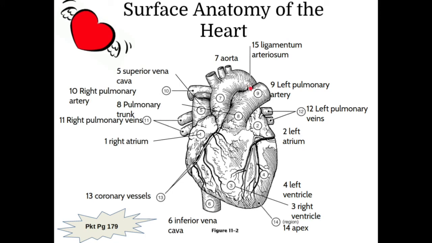So there's actually a little hole between these two arteries, and there's a little hole called the foramen ovale between your two atria. When you're born and you take your first breaths, that little hole between your atria slams shut, and this little flap turns into this little ligament that holds these two blood vessels together.